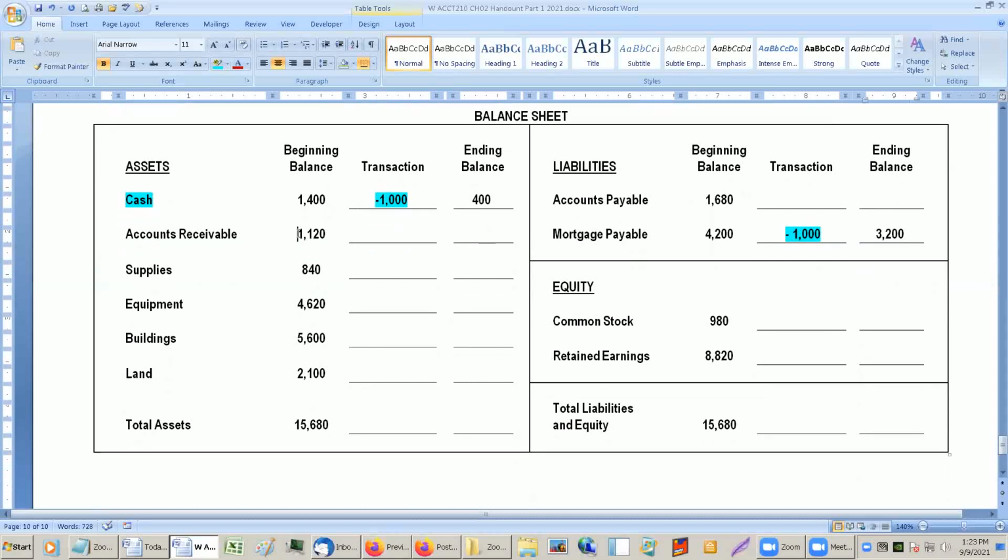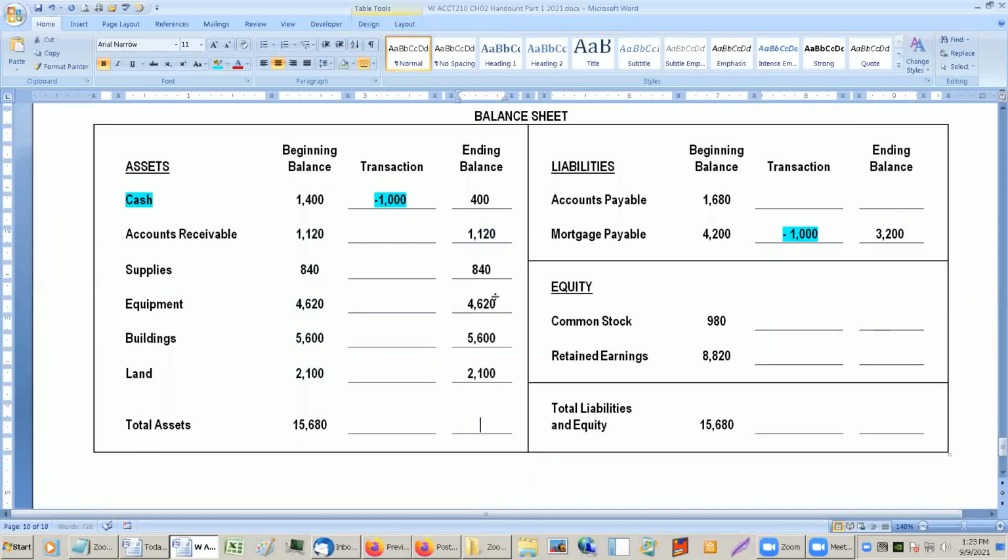Okay, so everything else is the same here. That first one is $1,000 less, so this should come out to 14,680. We're taking into account this 1,000 down here, that way down here is the same as that is, total them up.